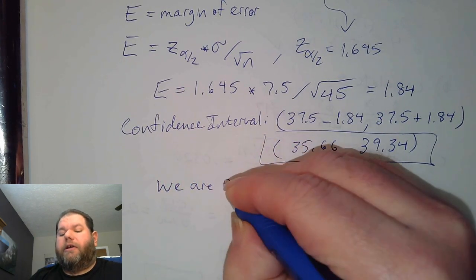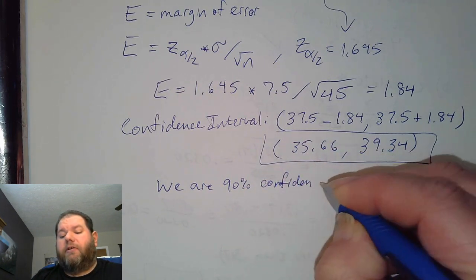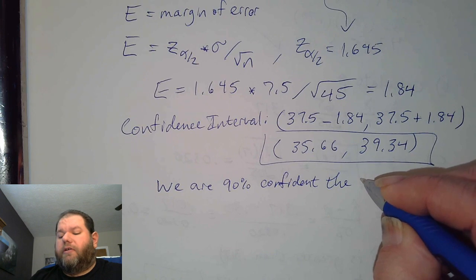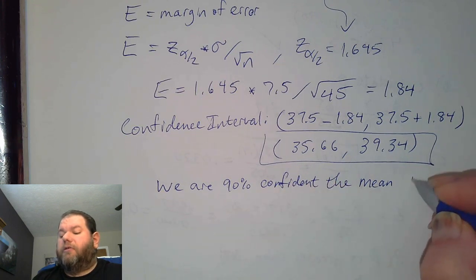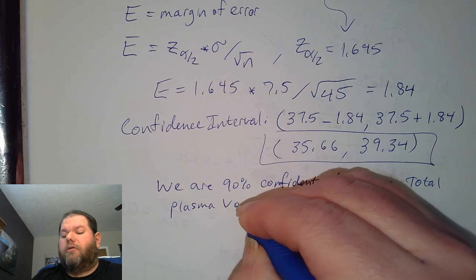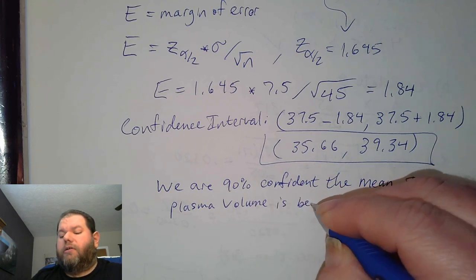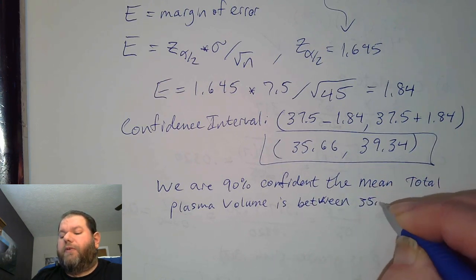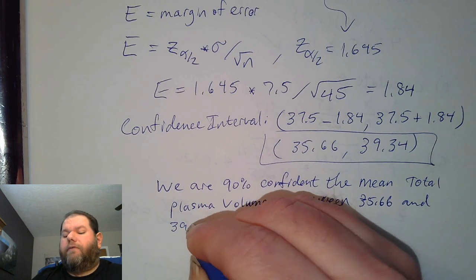we are 90% confident. So we want to make sure we mention the level of confidence, which is 90% in this case, that the mean total plasma volume is between 35.66 and 39.34.